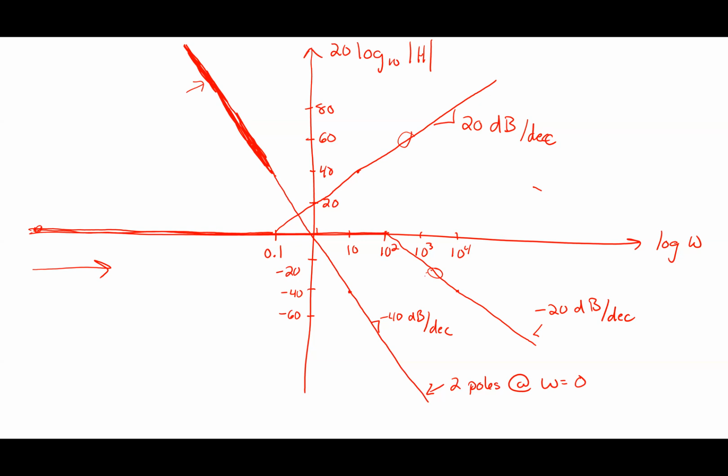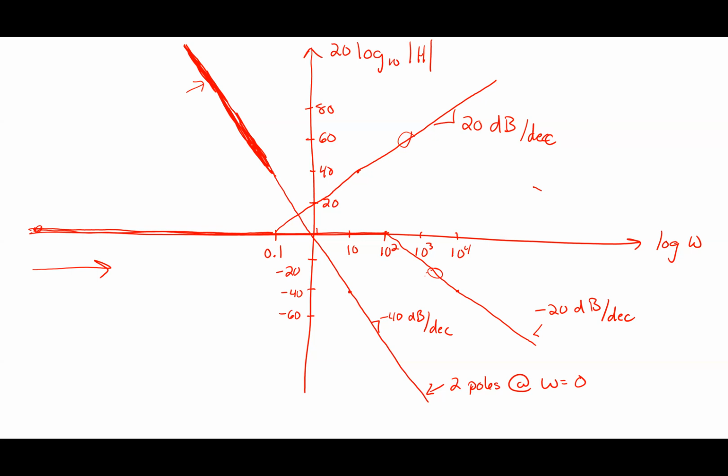Now, the way I think about this is once I get to that break point, I have 2 poles that are active, and I have 1 zero that's active. So I have a line that's falling at 40 dB per decade, coming from the 2 poles, and I have a line that's rising at 20 dB per decade, coming from the zero. So if 2 lines are going down at negative 20 and 1 line's going up at plus 20, what's the overall slope going to be?